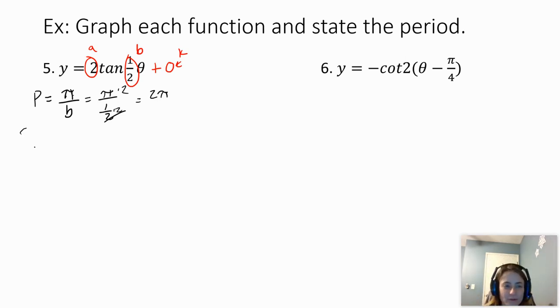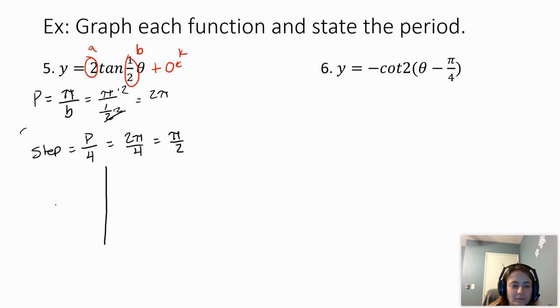And our step is going to be the period divided into 4 parts. So 2 pi over 4, which when we simplify it is pi halves. Now we know for tangent, the midpoint is at the origin.